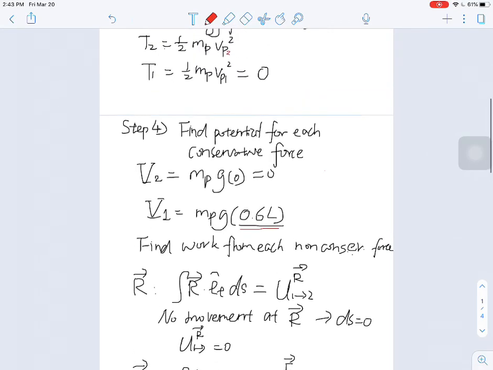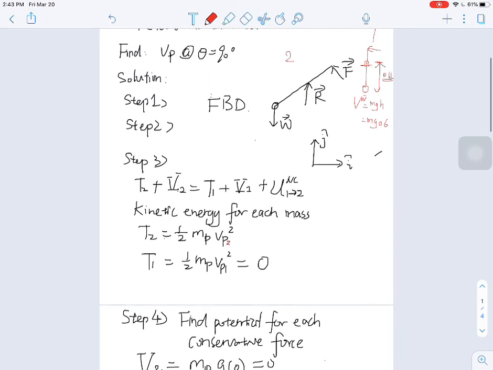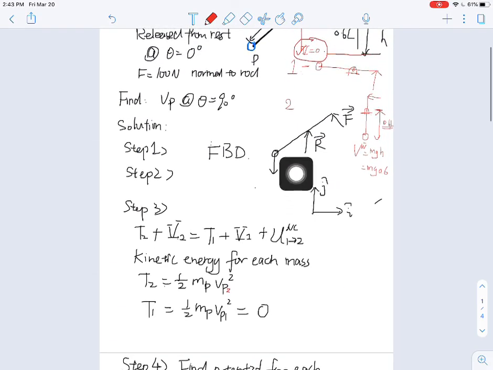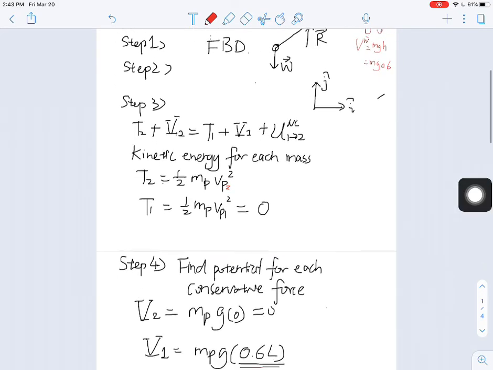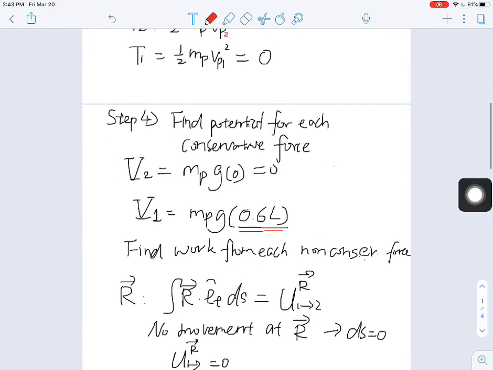Then if you look at our free body diagrams, we just analyzed the potential from W. We still have 2 other forces, and those 2 forces are not conservative forces. So the work done by them has to be written in integration form.